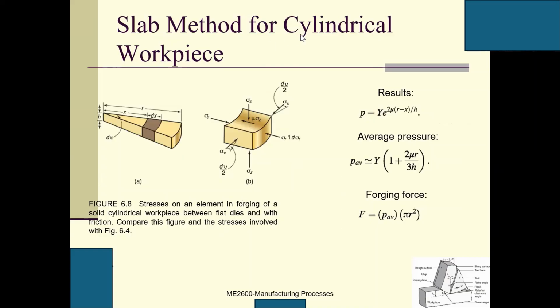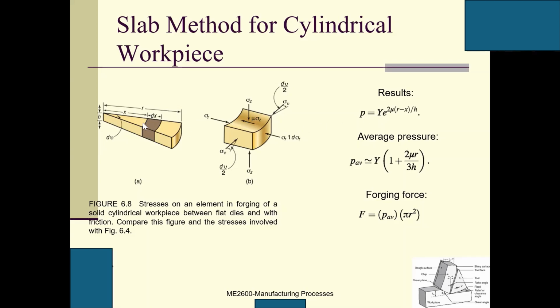So the slab method for a cylindrical workpiece: because of the symmetry, we can just use this part. We can just use the slice, just like a pizza slice. For this one, we do the free body diagram.